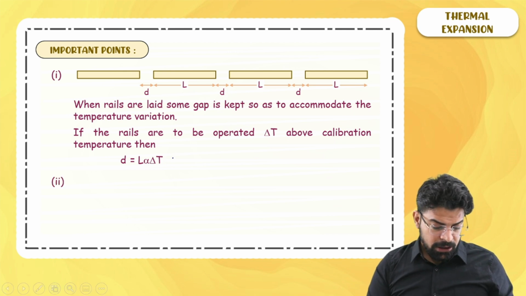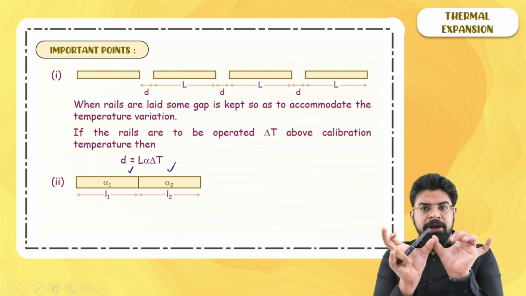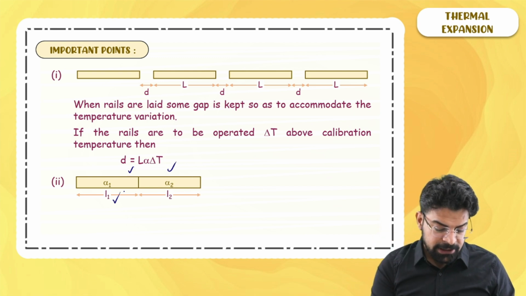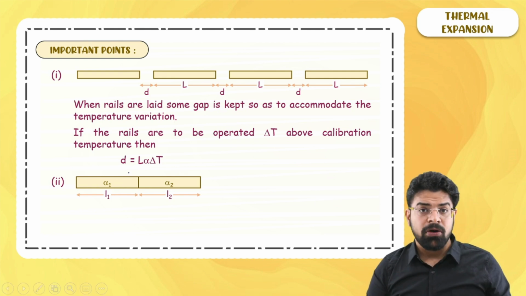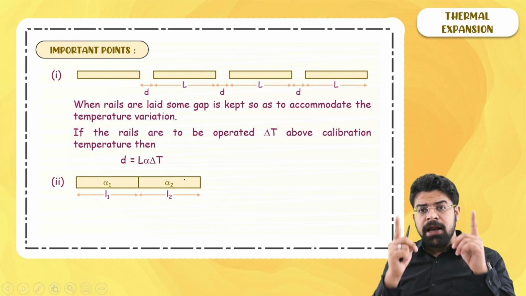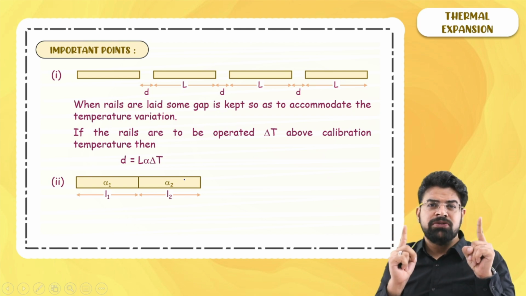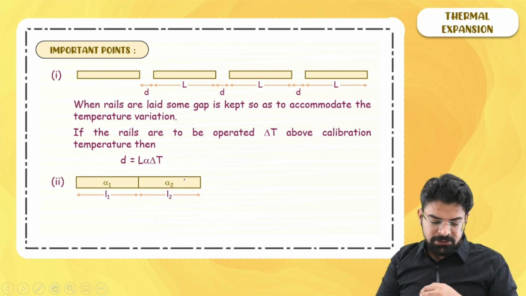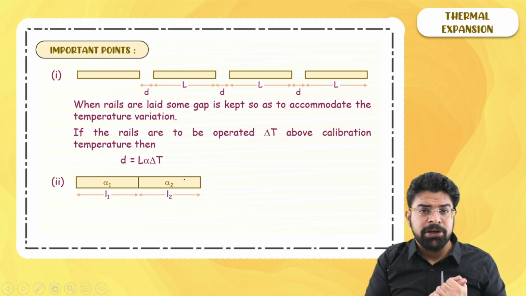Now, second case, if you have got two rods placed end to end. The first rod has a length L1 and a coefficient of linear expansion alpha 1. The second rod has a length L2 and a coefficient of linear expansion alpha 2. What is the condition that the length of this composite rod should not change with temperature? On heating both rods will expand, so how can the length be constant?